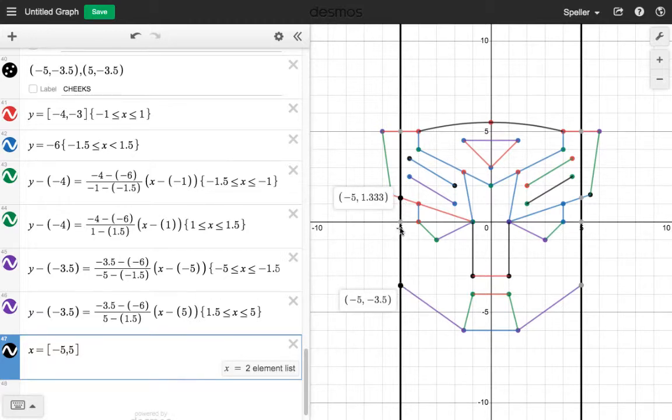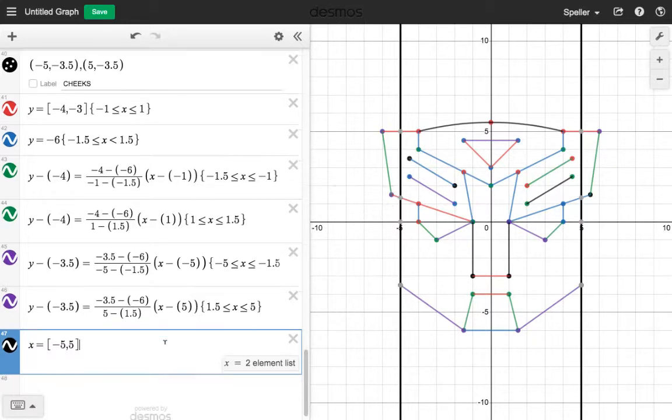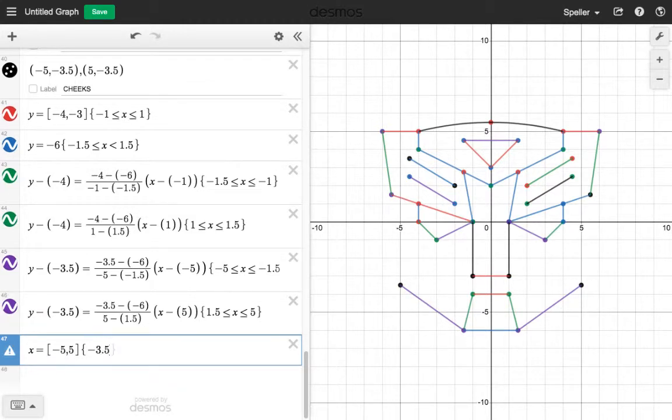The range here is as small as -3.5, and it's going as high as 1.333. So -3.5 less than or equal to y, less than or equal to 1.333, and then close that off.